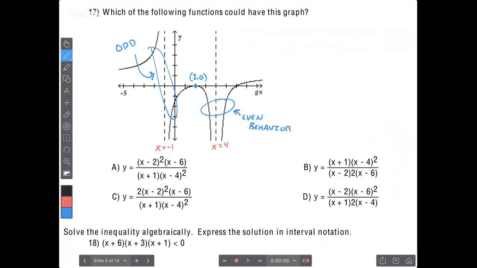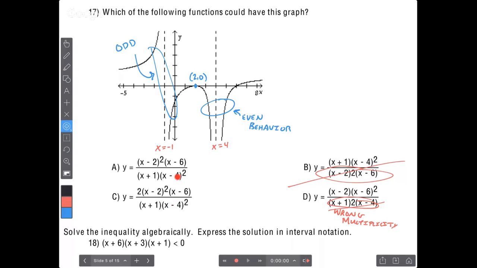So here I have the entirely wrong asymptotes. That's bad, right? So this is clearly not it, dead. Here I have the wrong multiplicity in the zeros in the denominator. So that's bad. Get rid of that.